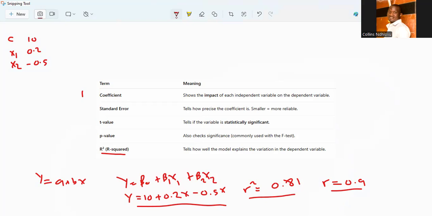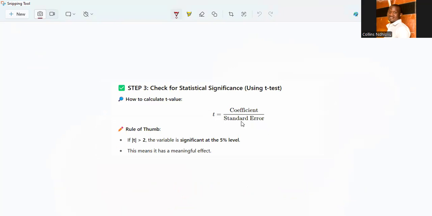We're going to compare them against the figures you're given. There's also what we call the t calculated, which is used to estimate how significant your values are. It is given by coefficient over standard error. Of course, the table will solve for you. You just need to know how to interpret.